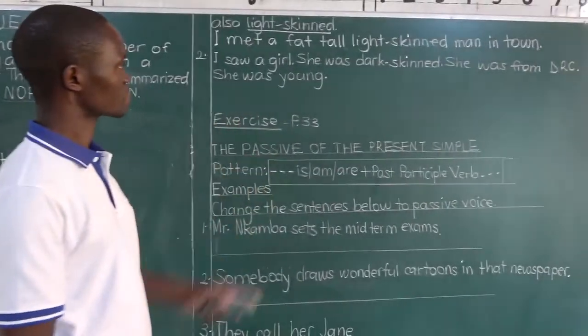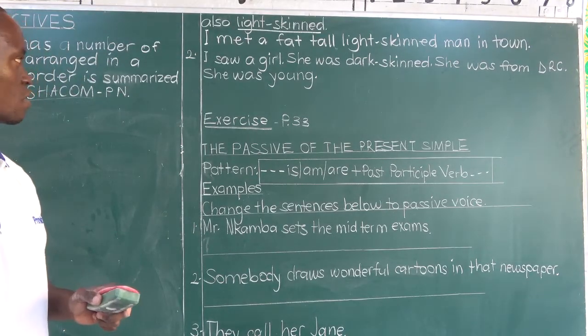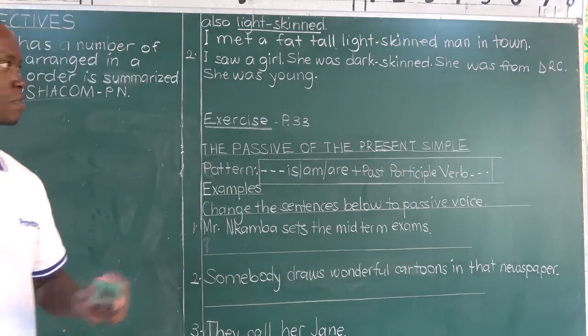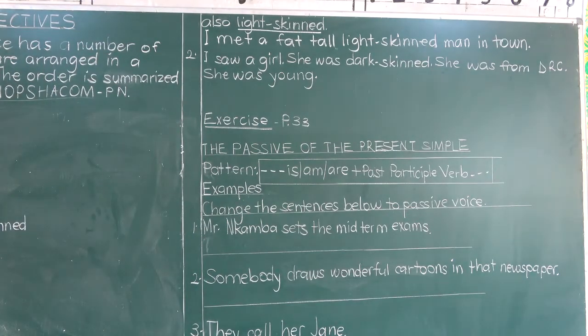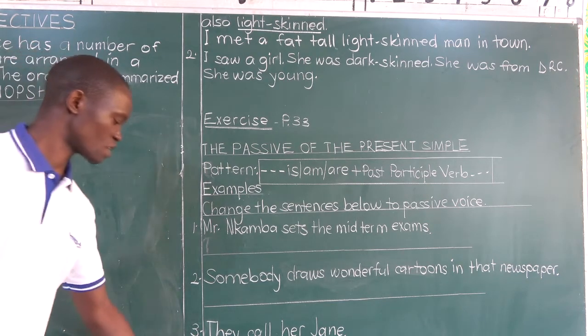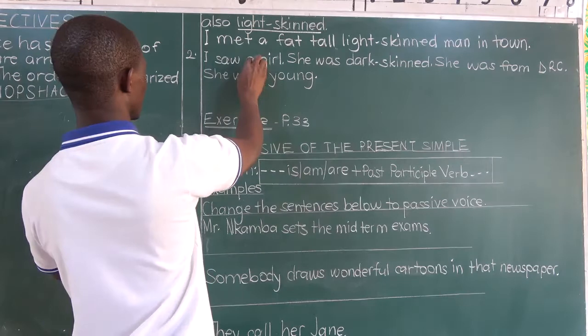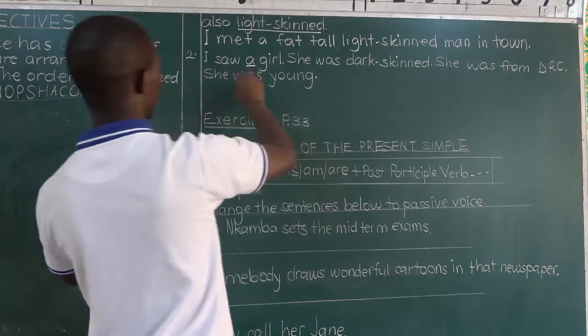I saw a girl. She was dark-skinned. She was from DRC. She was young. I saw a girl. She was dark-skinned. She was from DRC. And she was young. We'll go back to our formula and we try to fit in those words. Let's first identify the words we're going to need to put here on this list. The adjective is that's number.